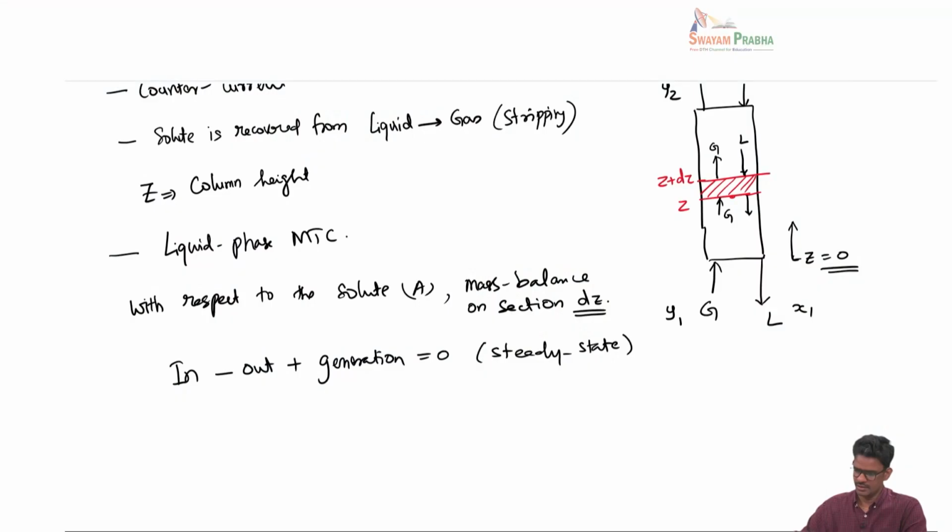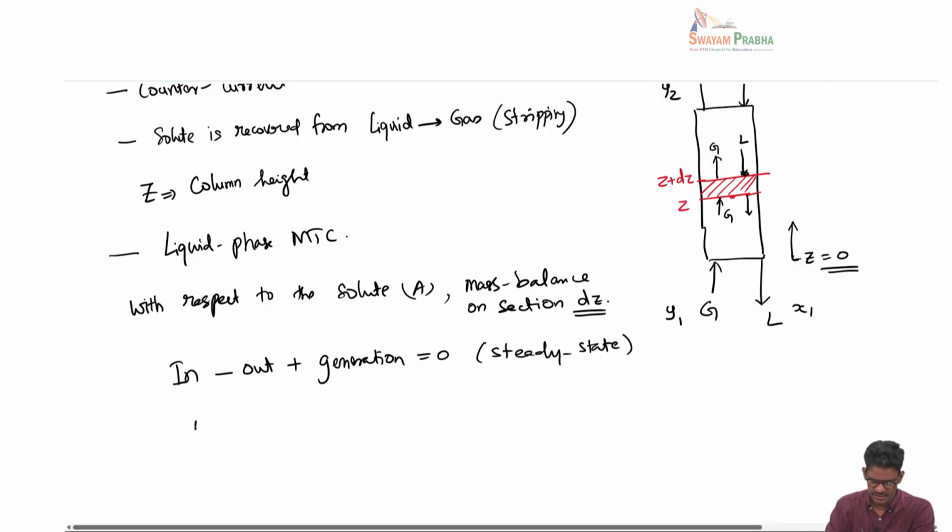In this particular section, how many moles of A coming in, how many moles of A going out, how many moles are generated, and that must be equal to 0. Okay. So now we are doing this with respect to, let us say, the liquid phase, because I said liquid phase is mass transfer controlling. So, I am going to deal with everything with respect to the liquid phase flow rates, liquid phase mass transfer rate and so on. So, what is coming in here?